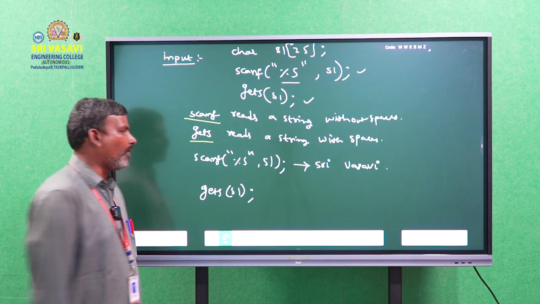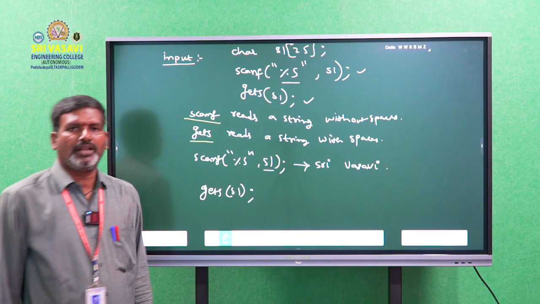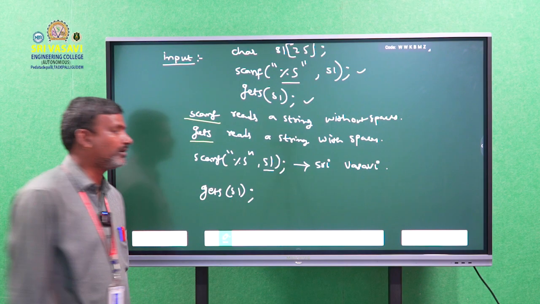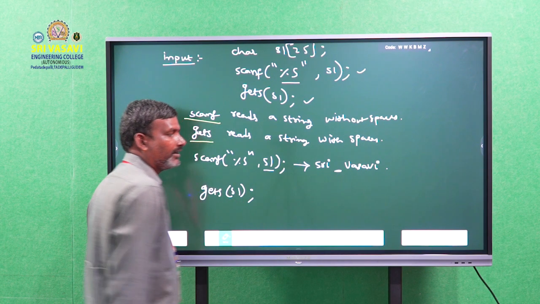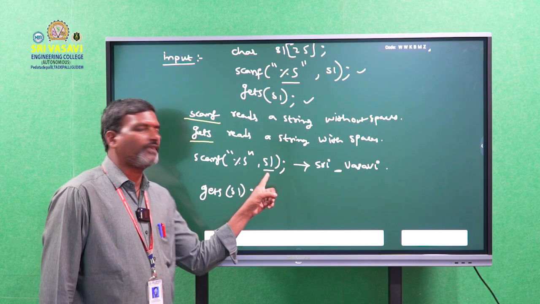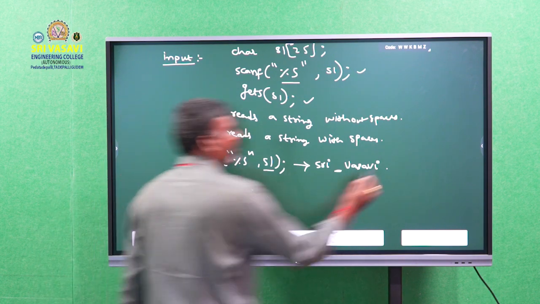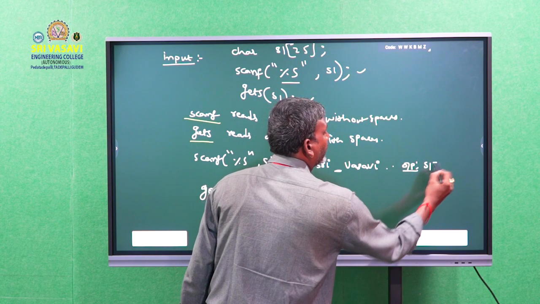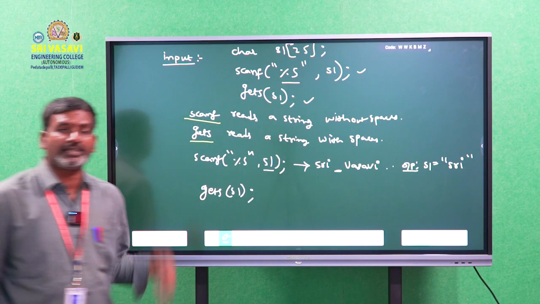So what is the stored value of the s1 variable? Here scanf does not allow spaces. Whenever a space is entered, scanf omits the remaining part. So here S1 contains only the word Sri. The word Vasavi is omitted by the scanf statement.